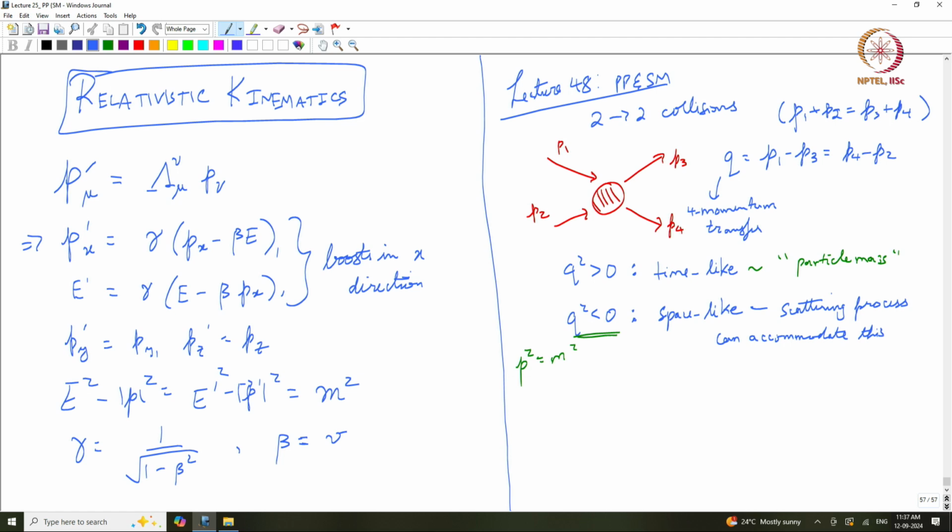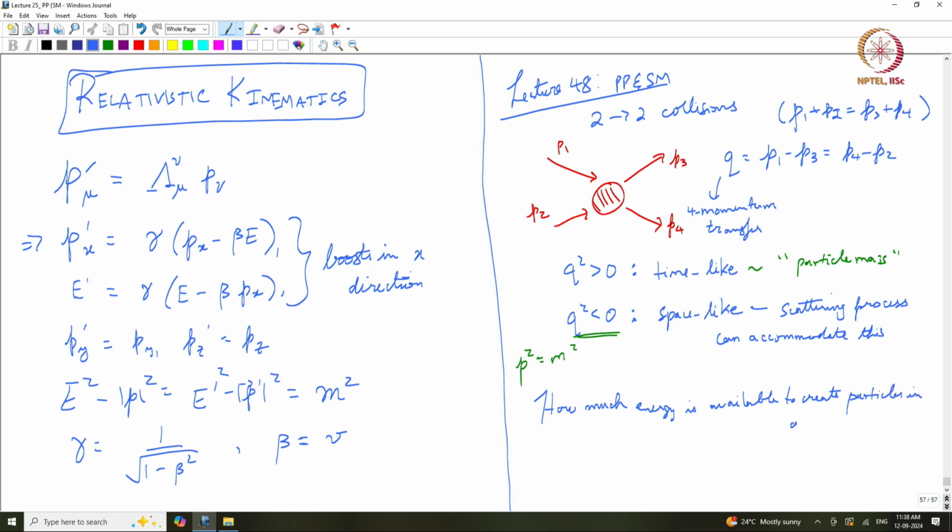So that means one can ask how much energy was available to create those particles. If they came in almost at rest and then the final state particles happen to be much heavier, you are not going to create them, intuitively. So we can try to quantify this.